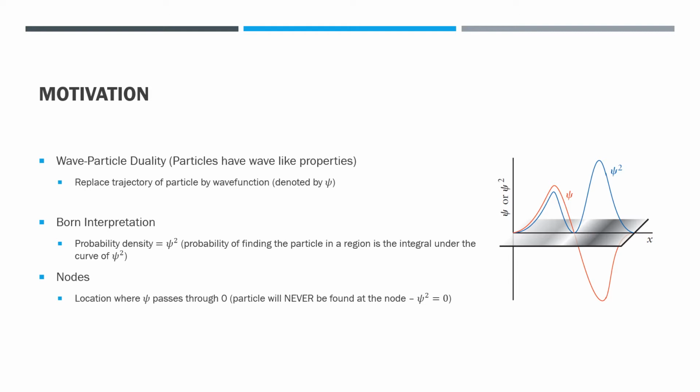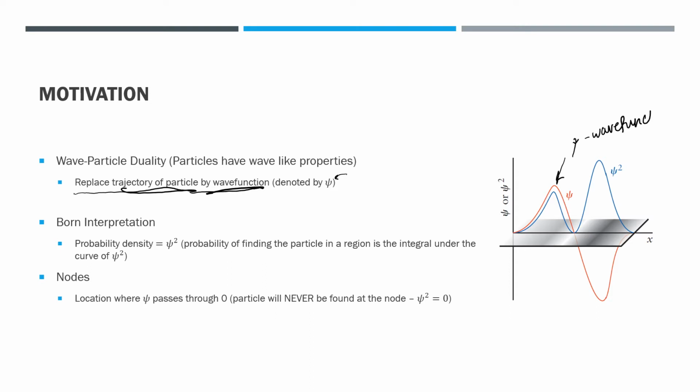Similarly, things we normally think of as particles, like electrons, still have wave-like properties, and the wave function describes these properties. So we replace the trajectory of the particle by a wave function, which is denoted by the Greek letter psi. We can see on the graph to the right, this red curve is psi, which is our wave function.